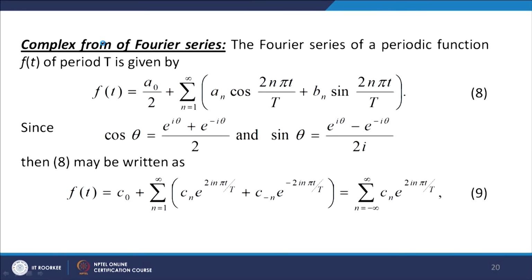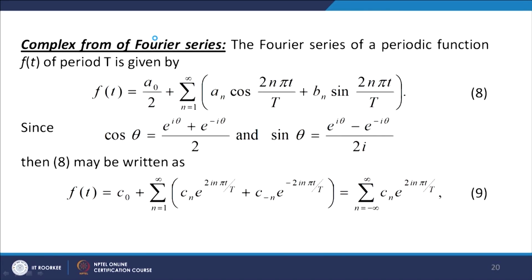We can write f(t) equal to a naught by 2 plus sigma n equal to 1 to infinity, and we get here a n cos(2 pi n t / T).